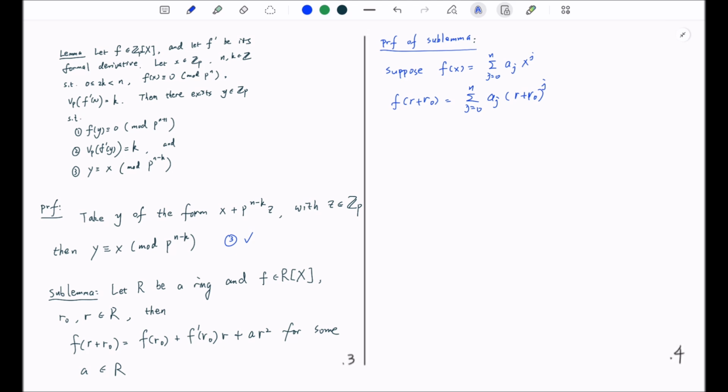And now we're going to apply the binomial theorem to individual terms. And we single out the highest and second highest powers of R0. This is the sum of the highest powers of R0, R0 to the power j for j equals 0 to n.